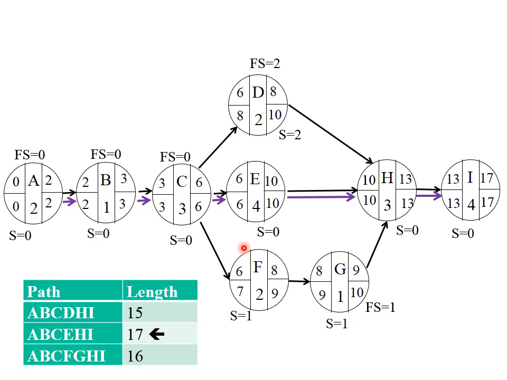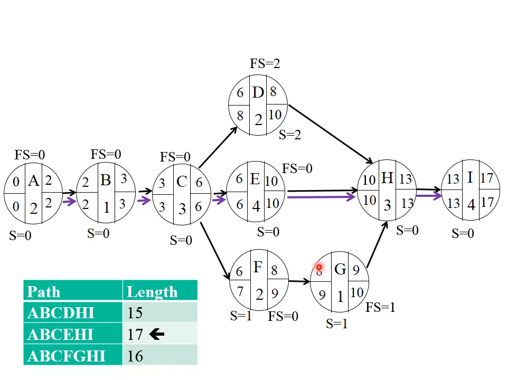C is obviously you have 6, 6, and 6. If there were different numbers, you'll pick the smallest, but in this case they're all 6, 6, 6. So 6 minus 6 will turn out to be 0. Next one. E. Obviously you're looking at 10 minus 10, free slack is 0. F.